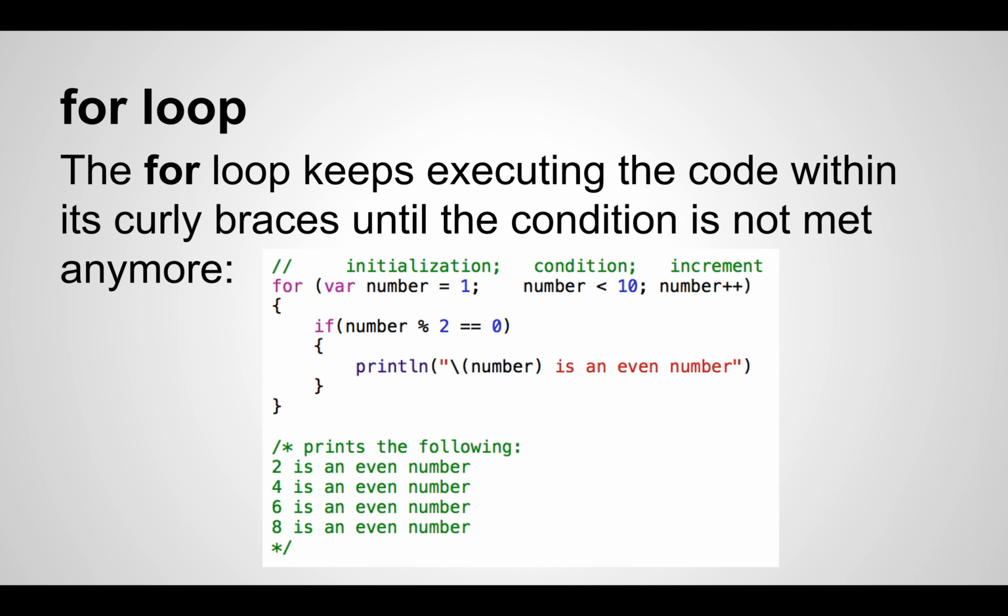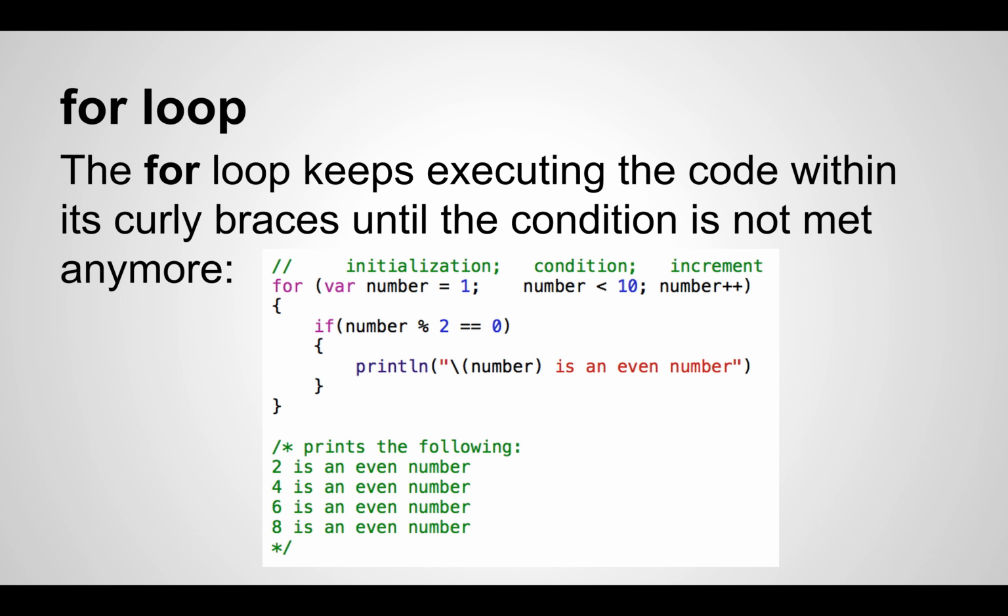So first, the number is 1. So it goes in the loop with the initialization, okay? So we get inside of the curly braces. So first, number is 1, and we have the code that executes within the for curly braces. So if number %2 equal to 0, just like the example before, we are basically testing if the number is an even number or not.